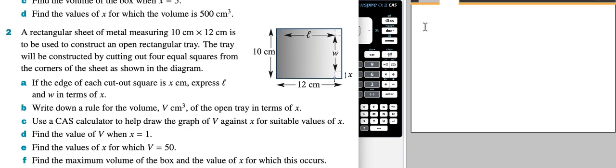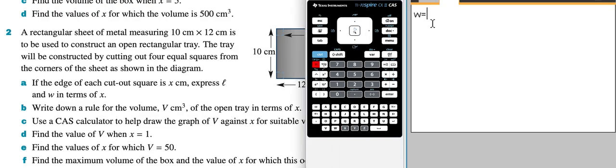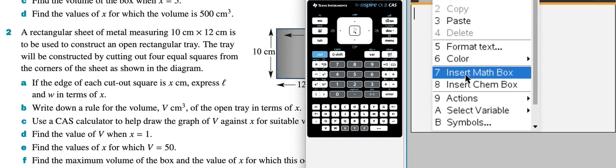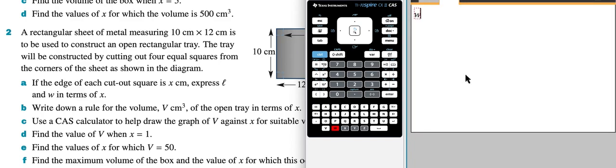Of course, because I'm taking X away from the width, I know the total width is 10, and I don't know what X is. So I'm going to write W equals 10 minus 2 times X. I might put it in a math box just so it looks better: W equals 10 minus 2x.